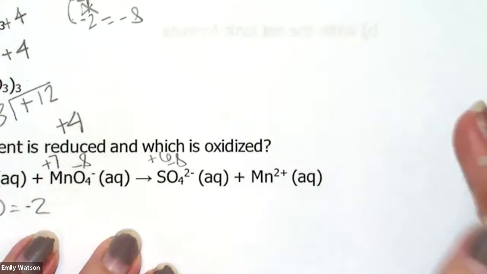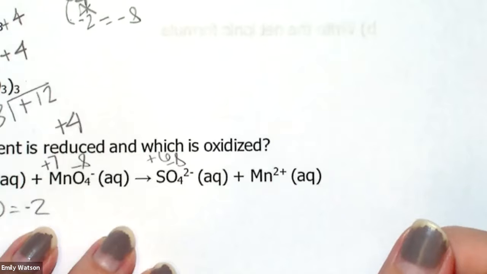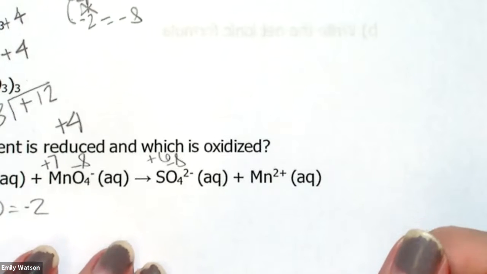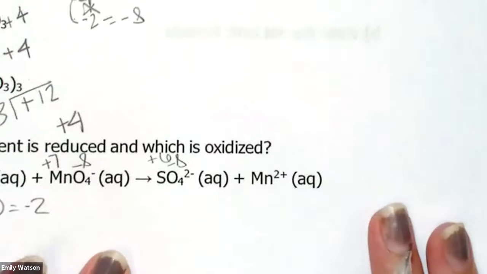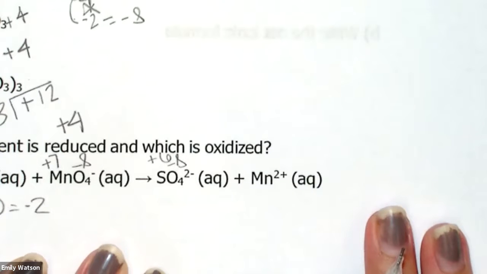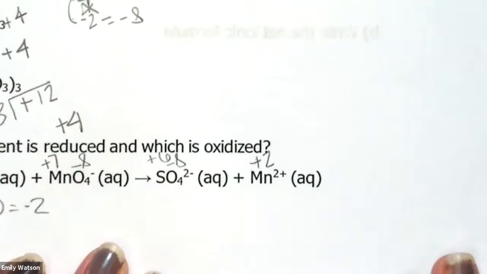What's going to be the oxidation number? Mn plus 2 is +2.